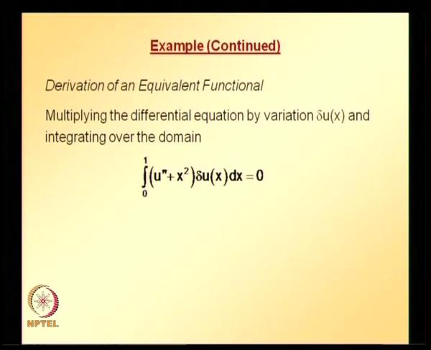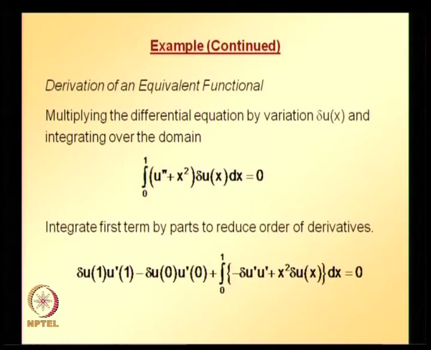Now the highest derivative term is the second order derivative. So what we can do is reduce the order of the derivative here, from u double prime to u single prime, that is the first derivative of u, by using integration by parts over the first term. Do not disturb the second term; apply the integration by parts for the first term, and that leads to this one.